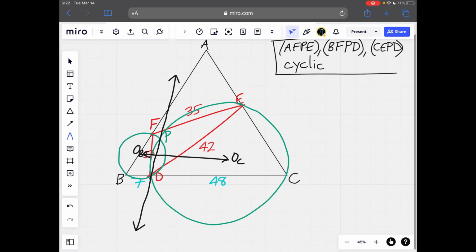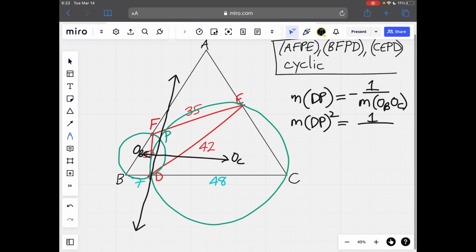And the slope of line DP is minus 1 over the slope of line OBOC, which are the centers of the two circles that I've labeled in triangle ABC. So to find the slope of DP squared, we'd have to square the expression on the right, which is just 1 over the slope of OBOC squared.